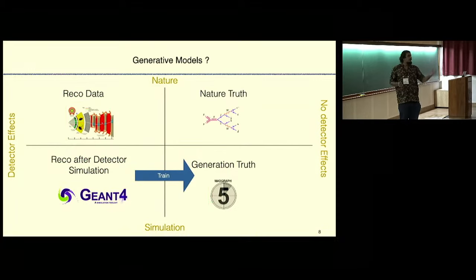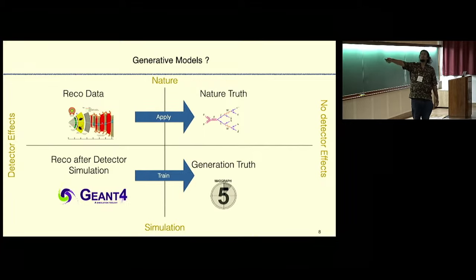And as rightly pointed out, one possibility is generative models. So what would you do there? Out of these three pieces, you have a detector simulation here and without detector simulation here, and since this is simulation, you have everything. You could train a generative model to go from here backwards towards this, and then apply the same thing on reco data, and then you predict this.